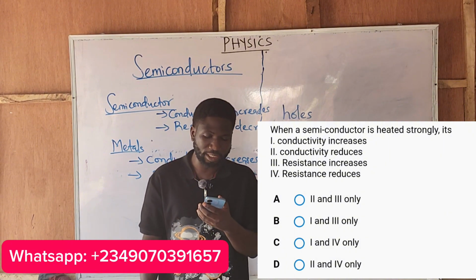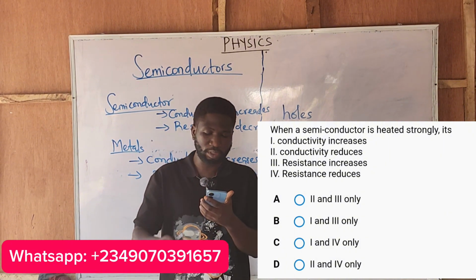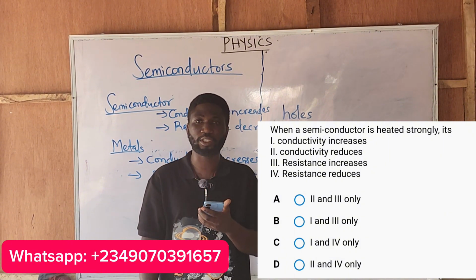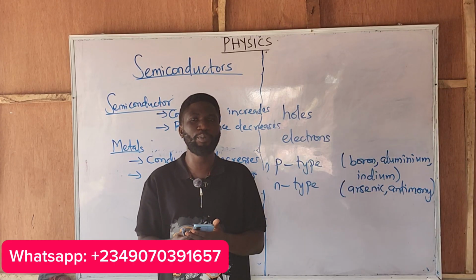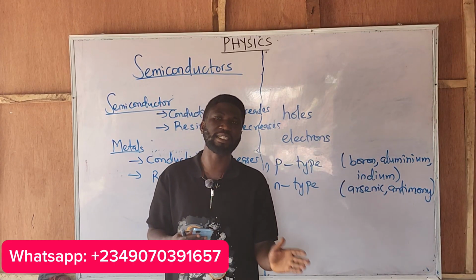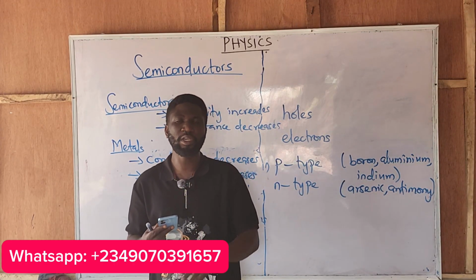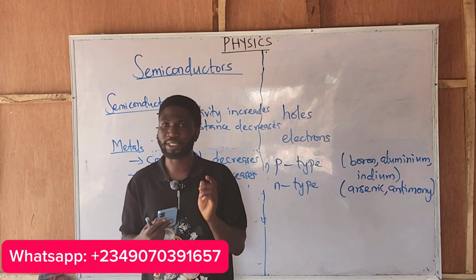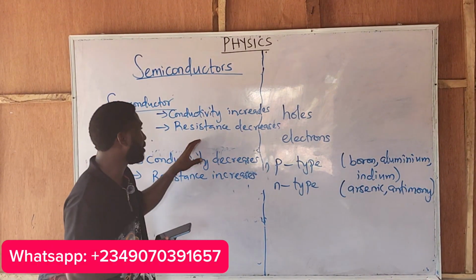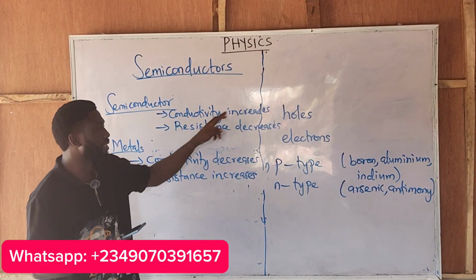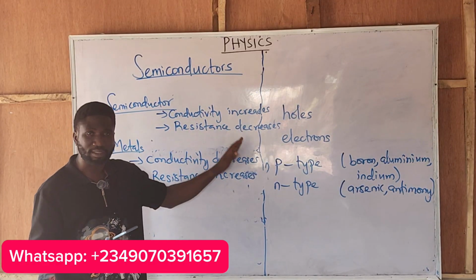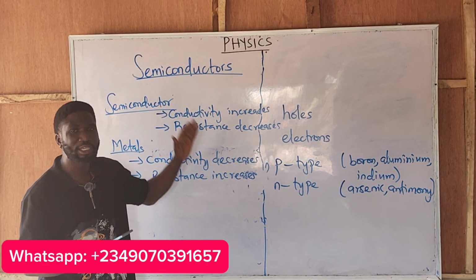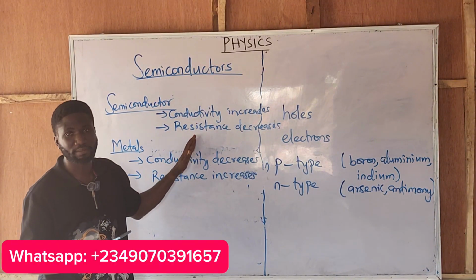So the right answer there should be 1 and 4. That's option C. You cannot have both the conductivity and the resistance increasing. If one is increasing, the other one is decreasing. So for semiconductors, like I've put here, conductivity increases, the resistance decreases. So please take note of this.